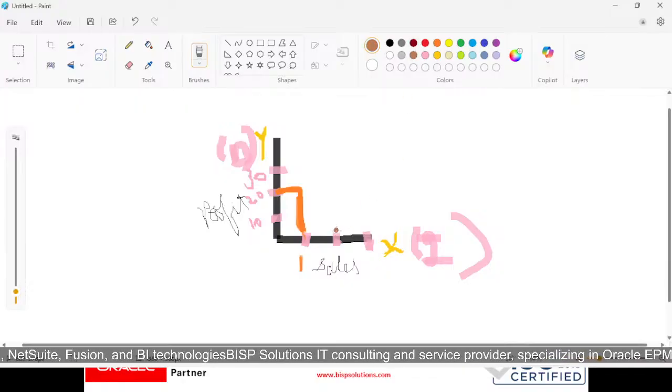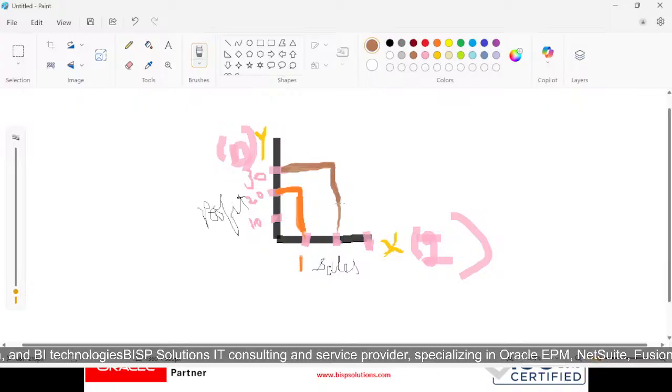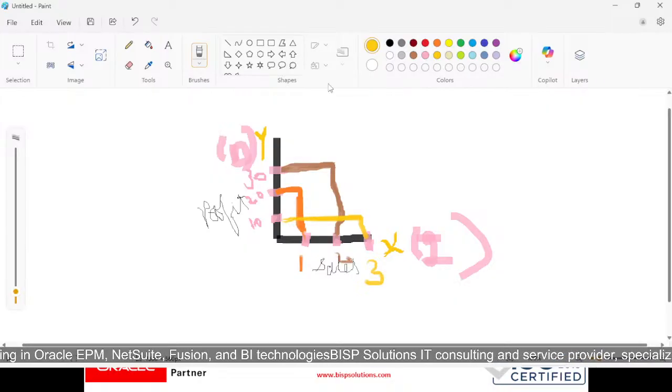If x or sales is a 30, or we can say 2, and our profit is 30, like that only. If our sales is, let's suppose, 3 and it is reducing by 20, these are in percentage, okay?